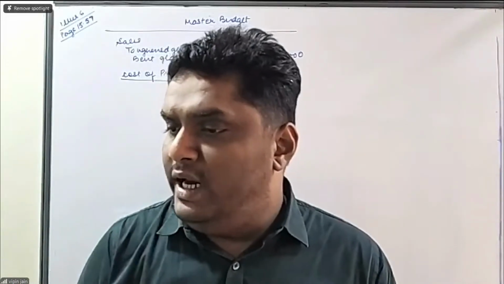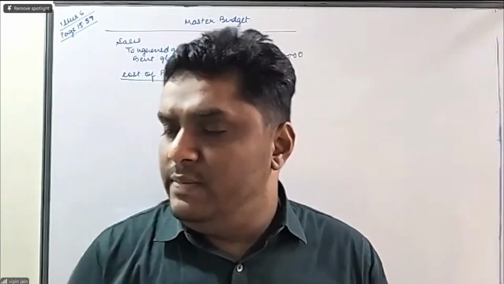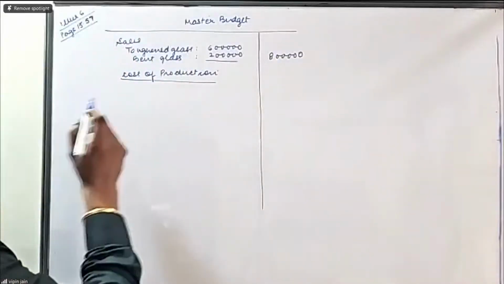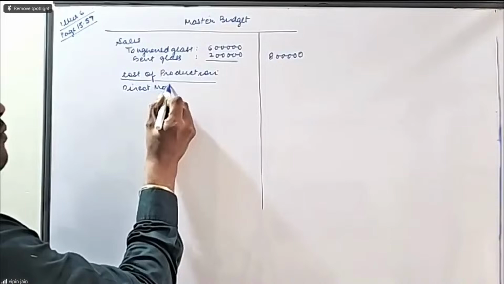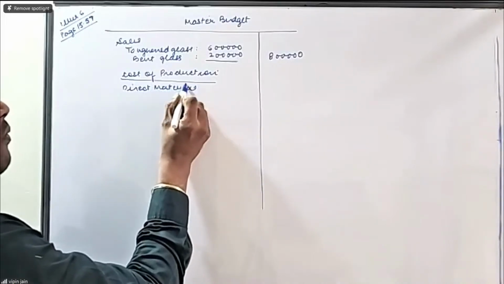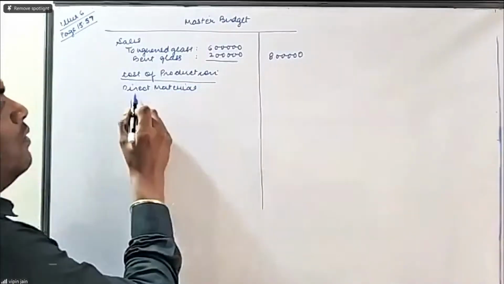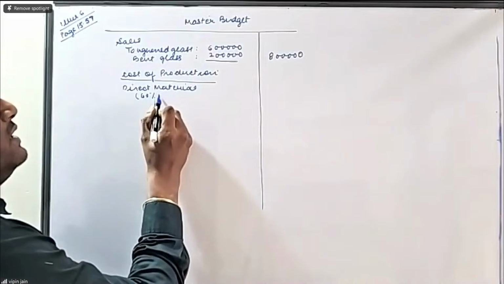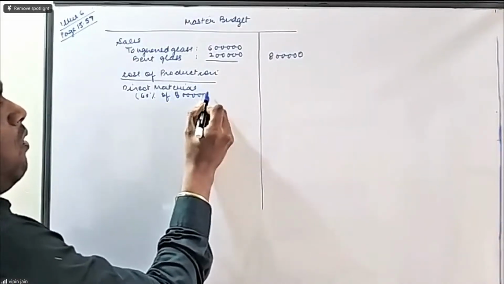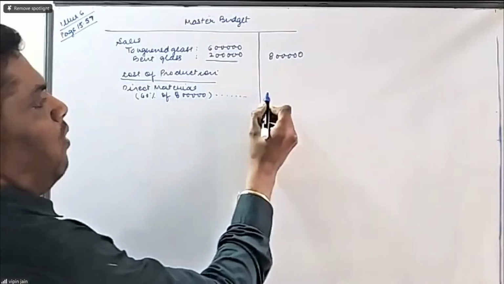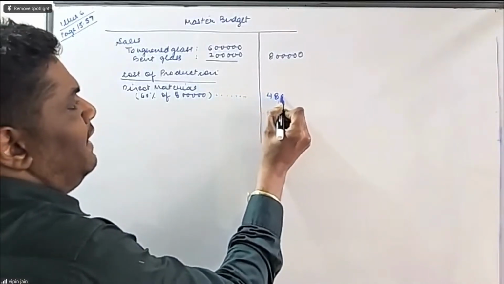When talking about direct material, it is given as 60% of sales, so 60% of 8 lakh will be 4,80,000.